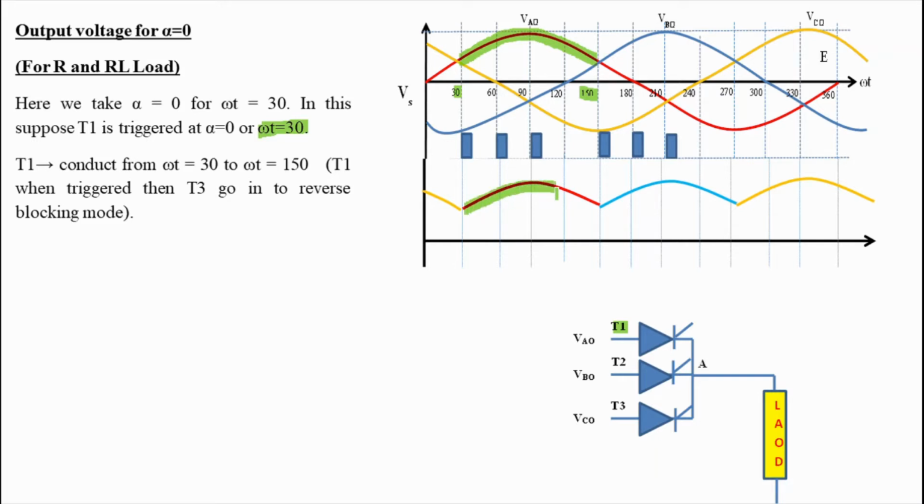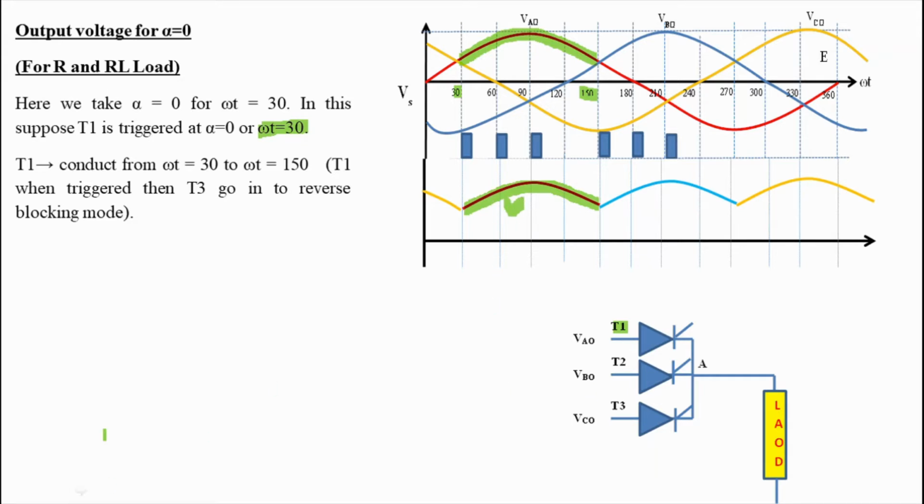So when T1 is triggered, then T3 and T2 will go into reverse blocking mode, because their anode voltages VB0 and VC0 are both less than VA0. It means only VA0 will appear at output. So here you can see that VA0 will appear across the output.